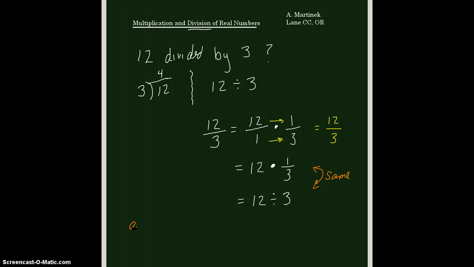In other words, A divided by some other number B is the same thing as A multiplied by 1 over B, or its reciprocal, sometimes called the multiplicative inverse.